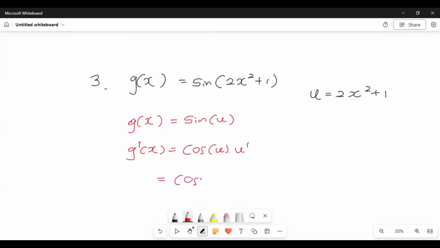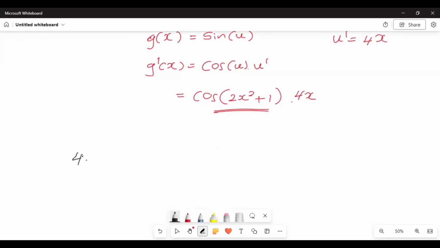So cos of 2 times (x to the power of 2 plus 1) times u' is going to be 2 times 2, 4x. So it's going to be 4x. This is the answer.